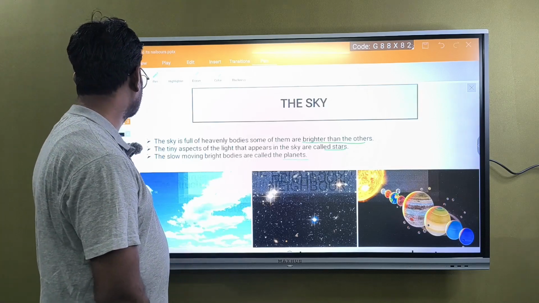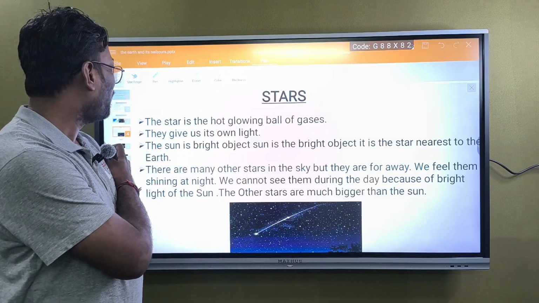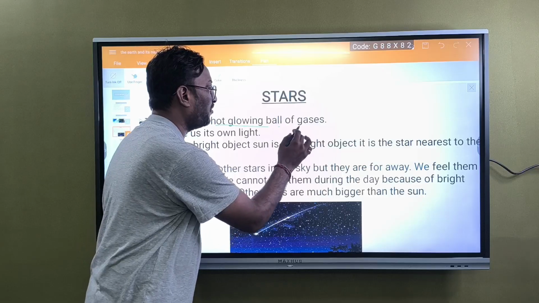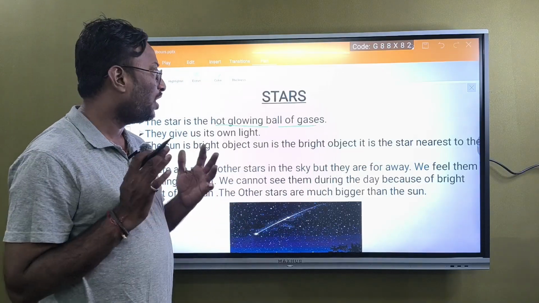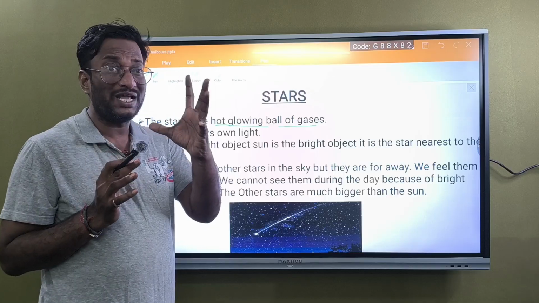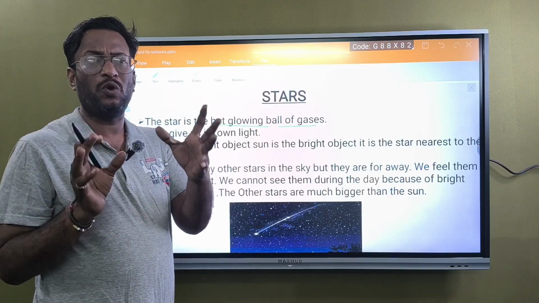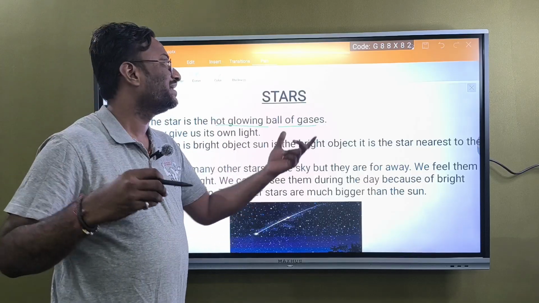Now we go for stars. So what are stars? A star is a hot glowing ball of gases. It seems to be a ball which is very glowing and very hot, and it is full of gases.